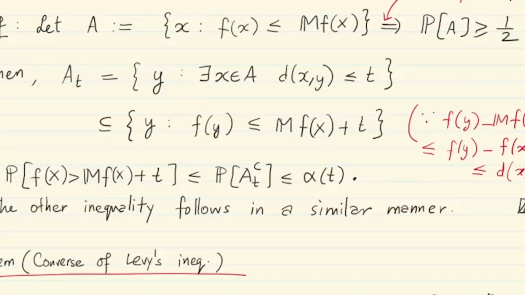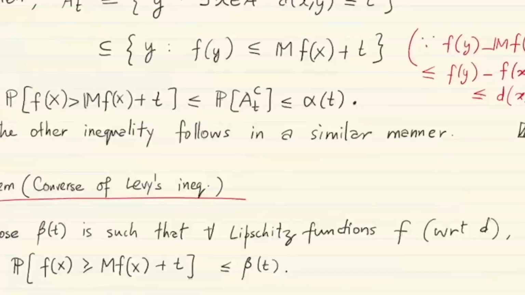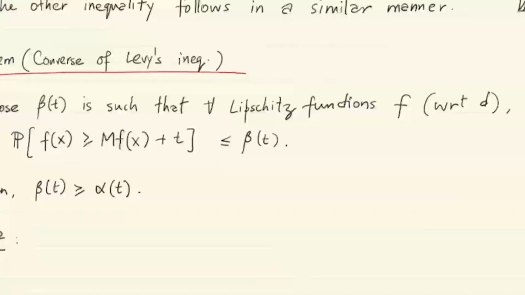In fact, Levy's inequalities are tight in a certain sense, in that there is the following converse. The converse reads: if beta of t is another function of positive t, such that for any Lipschitz function f, with the same definition of Lipschitz function with respect to this metric d, the probability of f of x larger than its median plus t is always bounded by beta of t, then beta of t must be at least alpha of t.